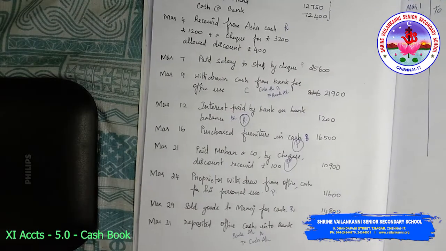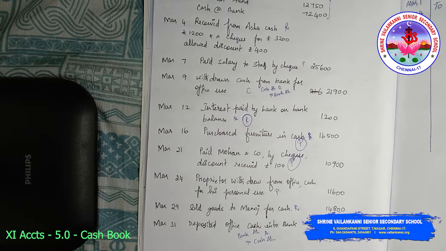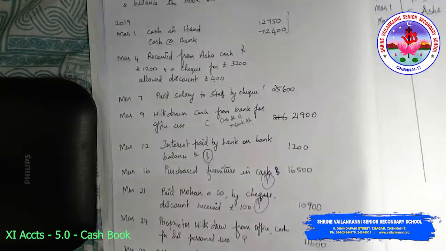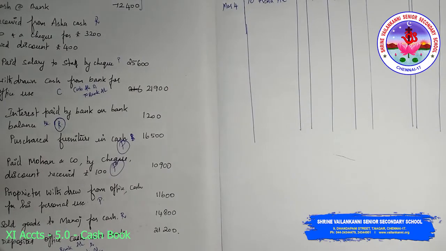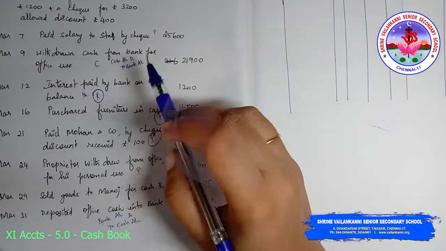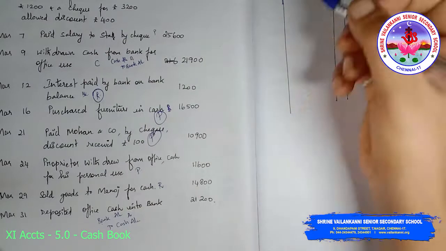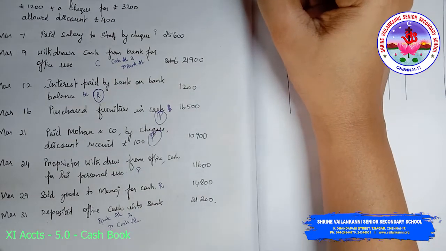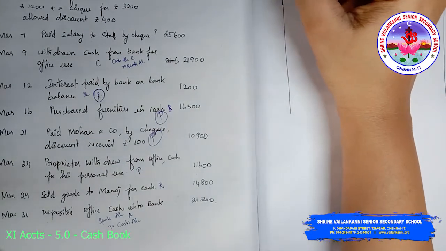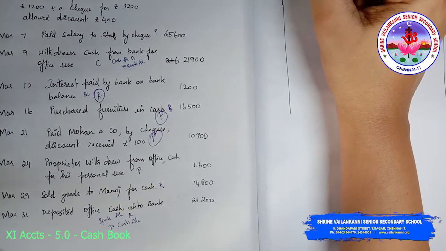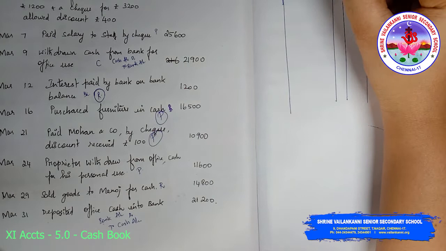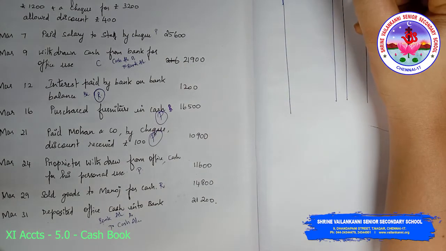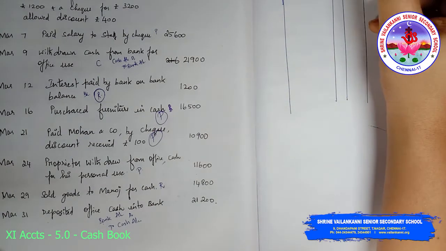Next, withdraw cash from bank for office use. So cash account debit to bank account. March 9, to bank account. In the cash column, you have to write 21,900.